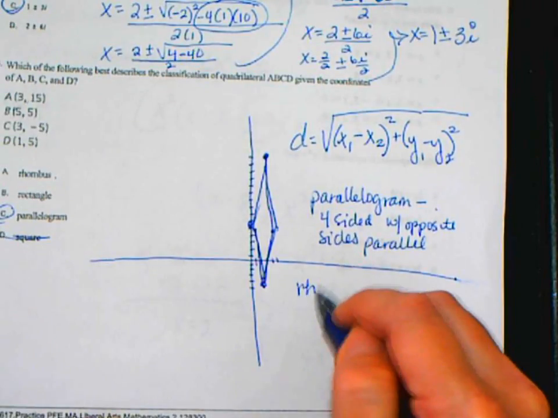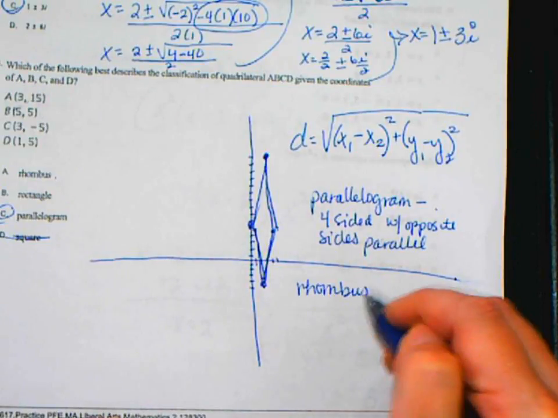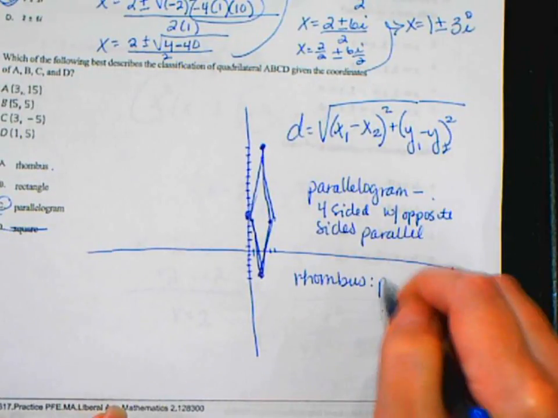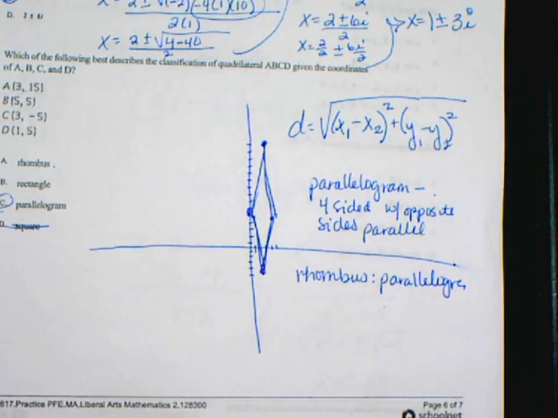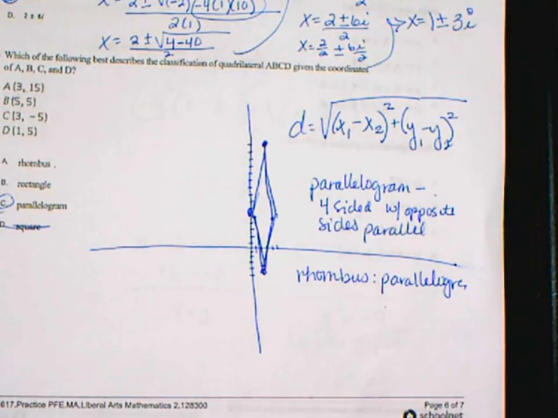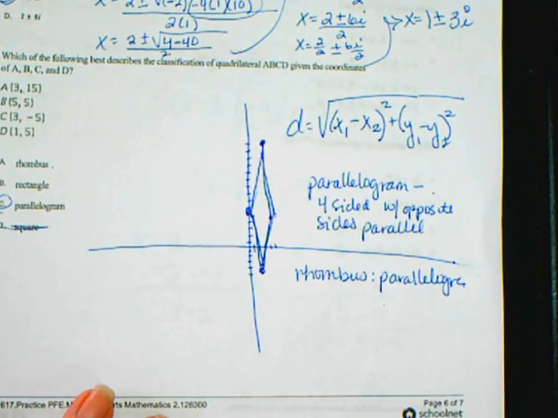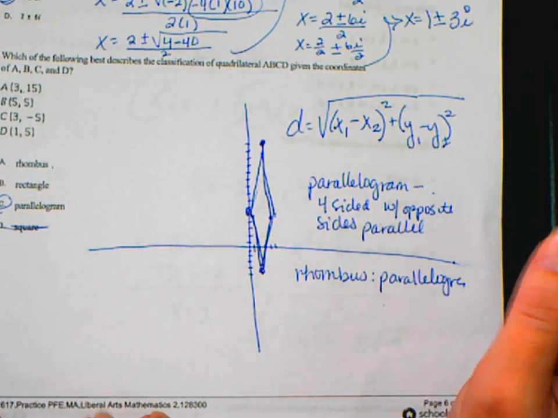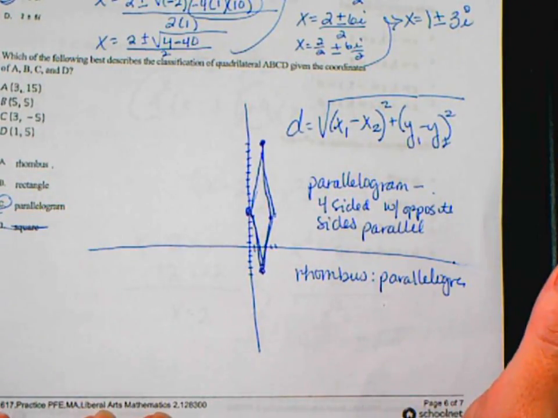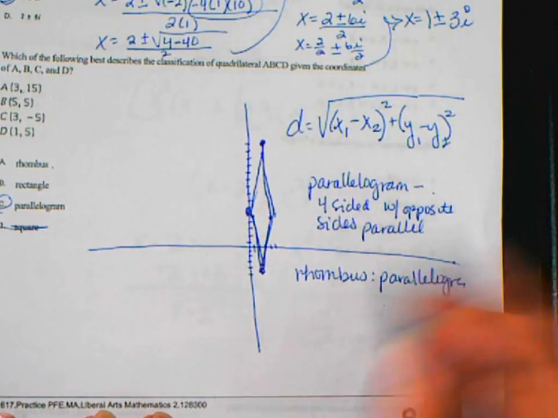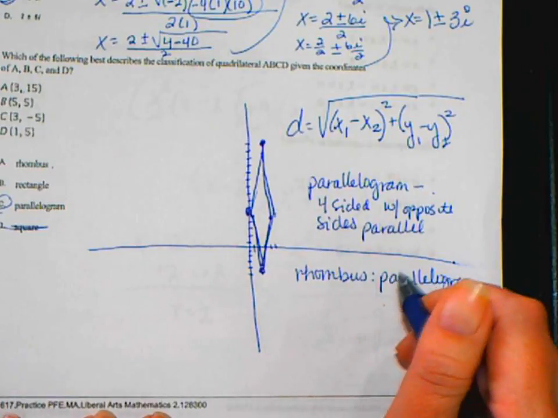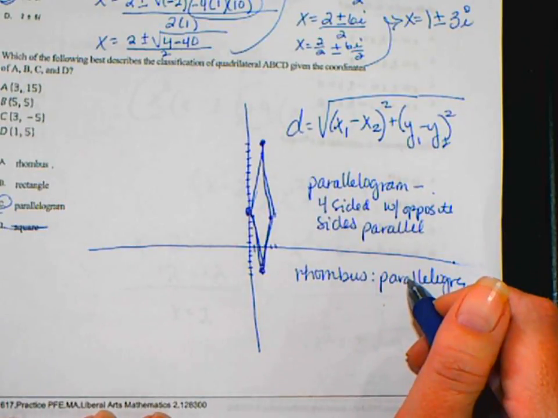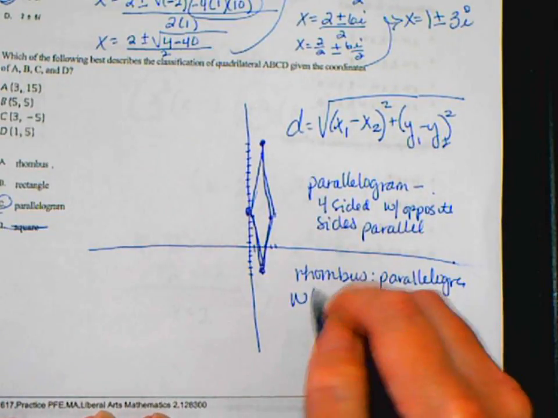A rhombus is a parallelogram, so it's a 4-sided figure with opposite sides parallel. So a rhombus is also a parallelogram with opposite sides parallel. Wait, I'm sorry. A parallelogram with 4 equal sides.